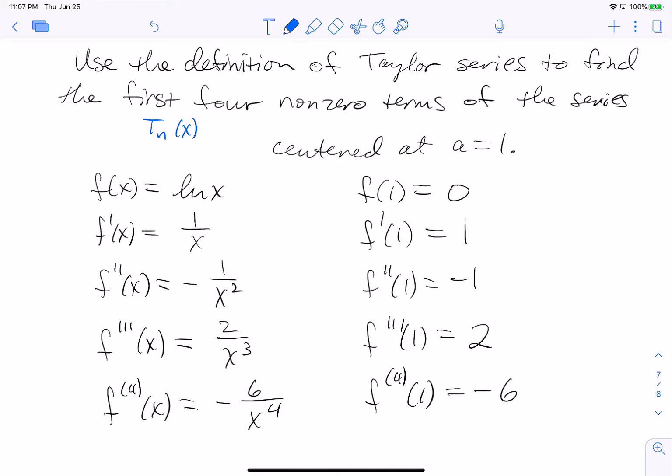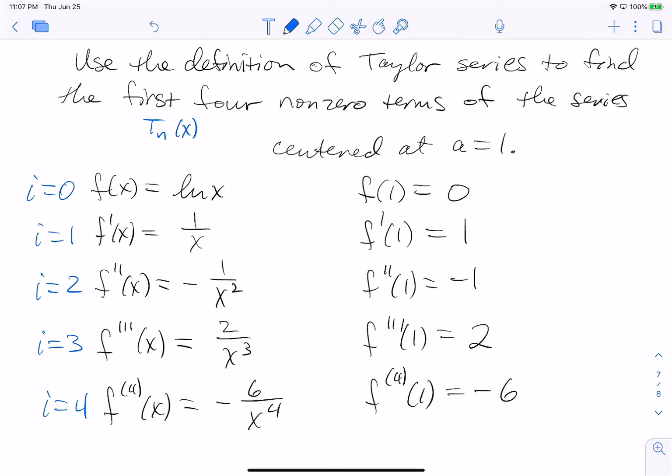So for the 0th derivative, we have that i is equal to 0. For the first derivative, i is equal to 1, i is 2 for the second derivative, i is 3 for the third derivative, and i is 4 for the fourth derivative. So we are looking for something where i ends up at 4, and we aren't including i equals 0.